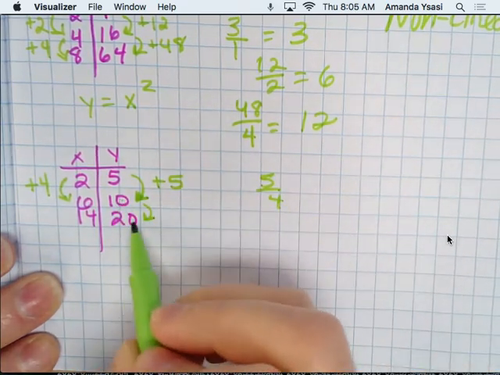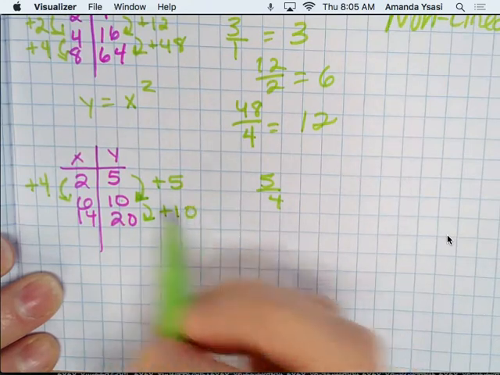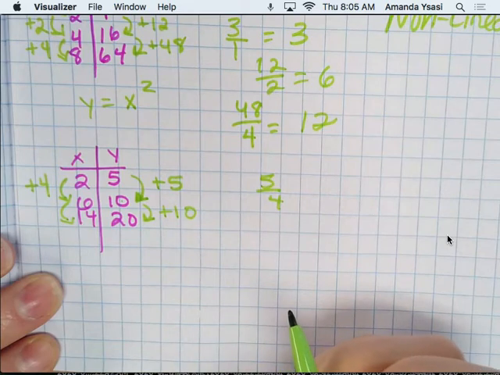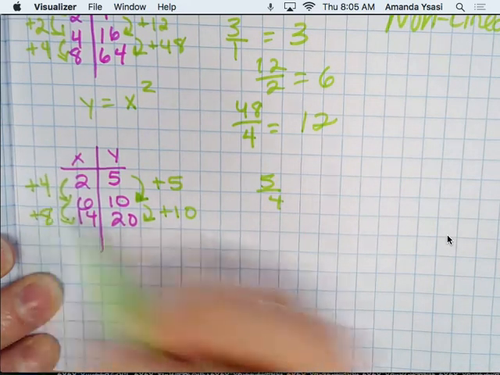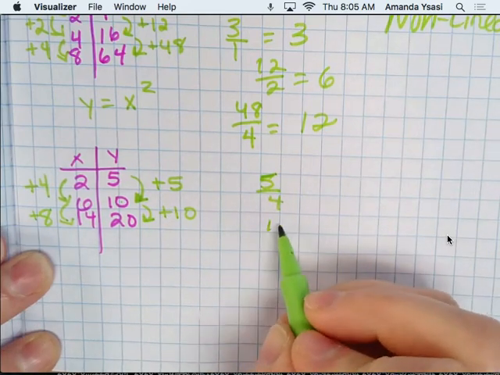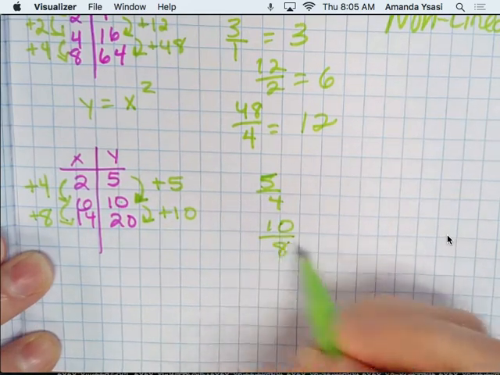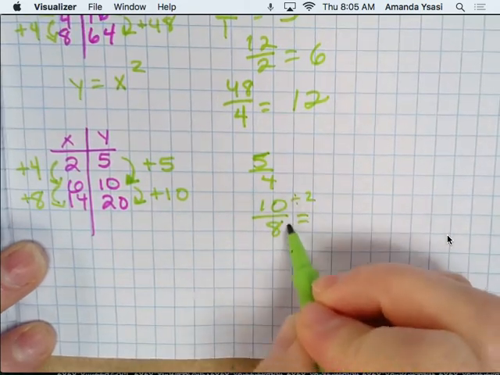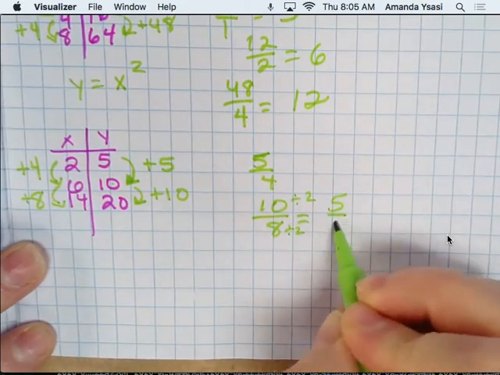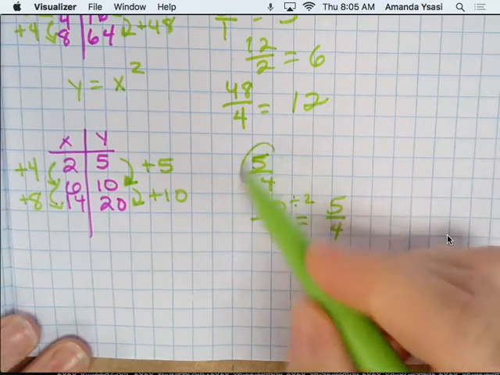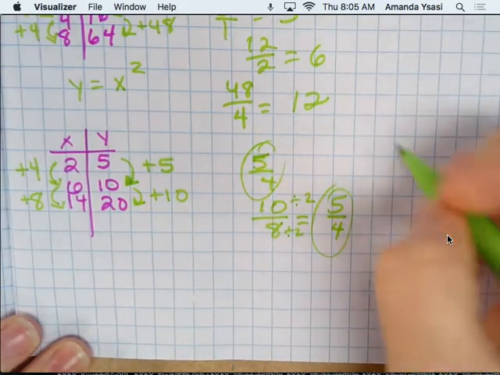What about 10 to 20, plus 10? 6 to 14. And so that's 5 over 8, and 5 over 4, and 10 over 8. If we reduce 10 over 8, we get 5 over 4. So if it's the same, then that is linear.